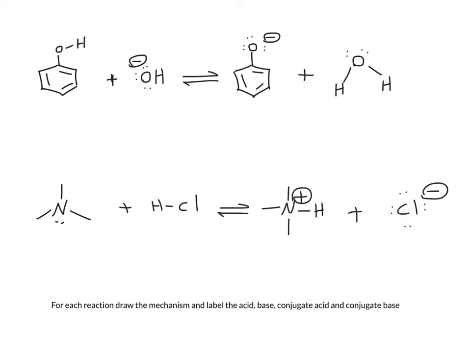For each reaction, draw the mechanism and identify the acid, base, conjugate acid, and conjugate base. In the first reaction, hydroxide is gaining a proton, so hydroxide is the base.